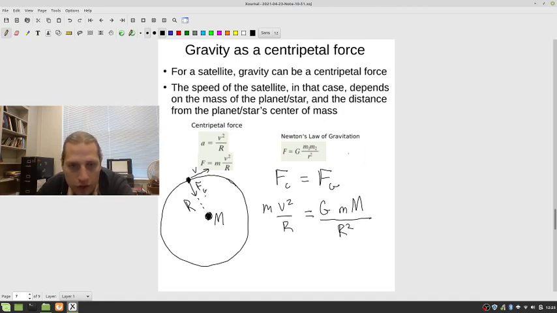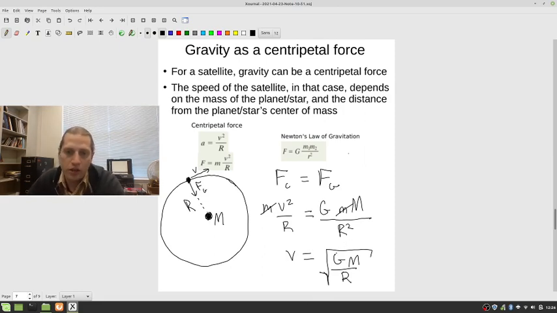And that r is from the center of mass of the satellite to the center of mass of the Earth, so basically the center of the Earth. Okay, now look, there's a mass of the satellite on both sides. That cancels. Multiply both sides by r, take the square root, and I get v equals the square root of GM over r.